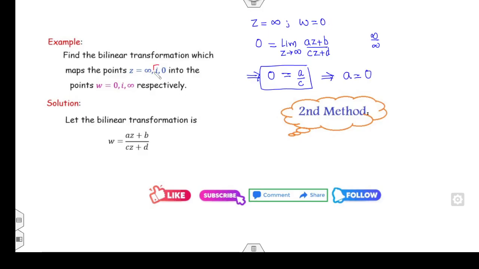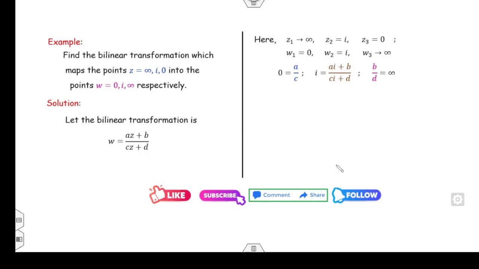Similarly, for the second, Z is equal to iota, W is equal to iota. I can substitute here. This number is iota. A is my 0 plus B divided by C of iota plus D. You can cross multiply them. You will get similarly for the third case. From the first case, you will get A equal to 0. From the last case, you will get D equal to 0.